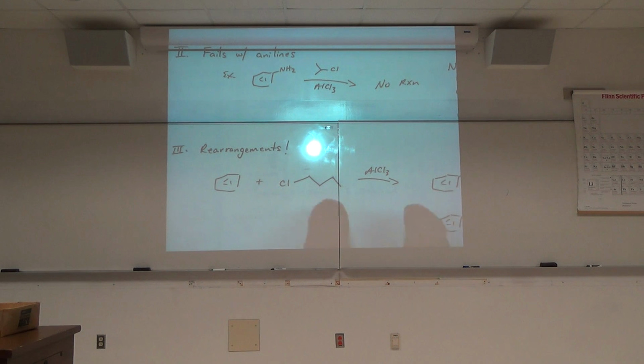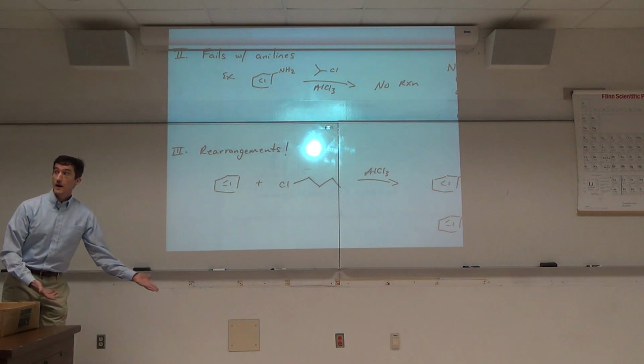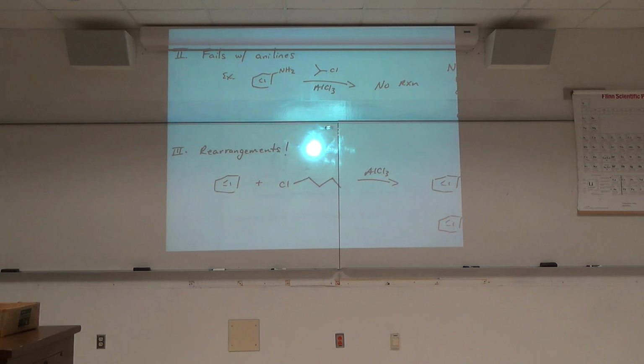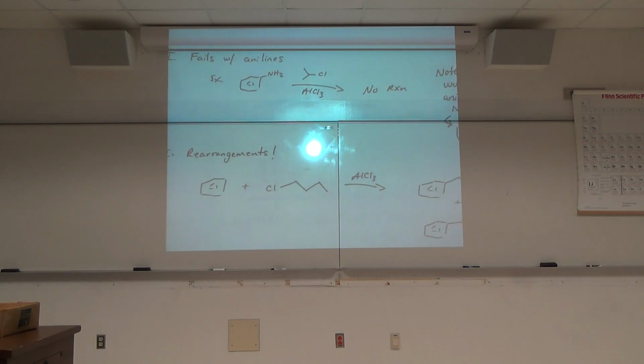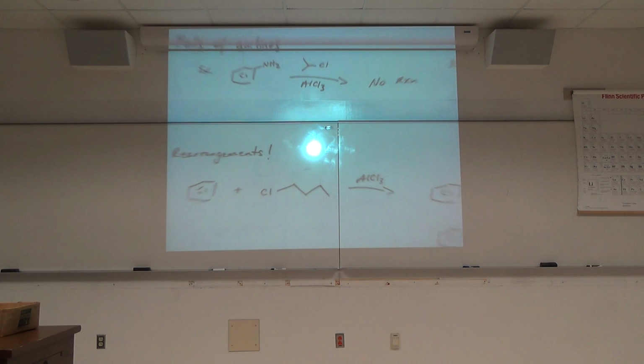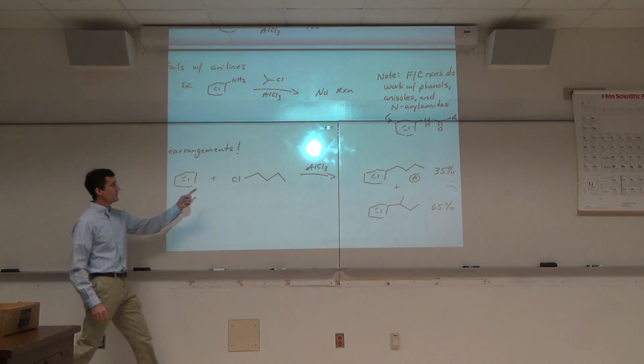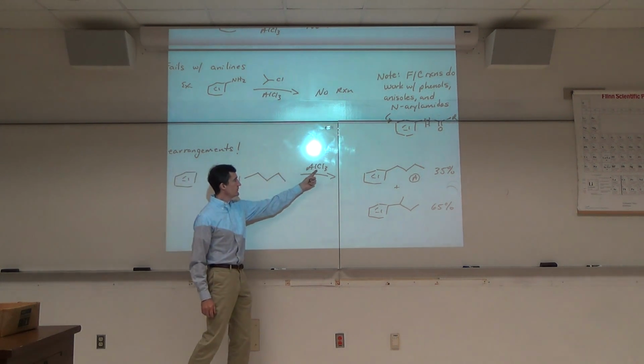Friedel Crafts typically involves a carbocation, so we need to watch out for rearrangements. This is not a problem if you want it to rearrange, but if you don't want it to rearrange, it's a potential problem. For example, if you take benzene, now this maybe looks like it's supposed to be a primary carbocation. This reacts with aluminum chloride.